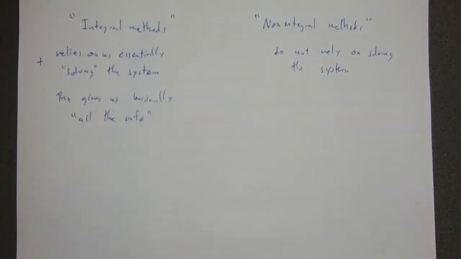Assuming these systems actually have an integral, this is essentially fully solving the system. There's nothing left as a mystery. I can basically ask any question about the behavior of solutions and have a way of answering it.